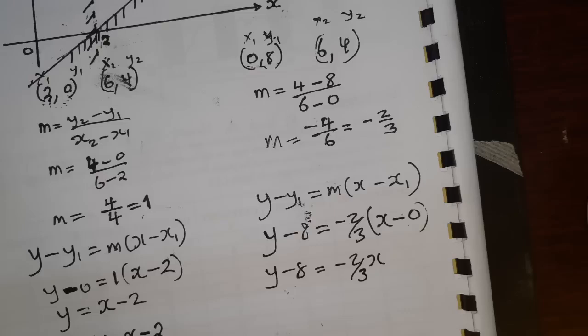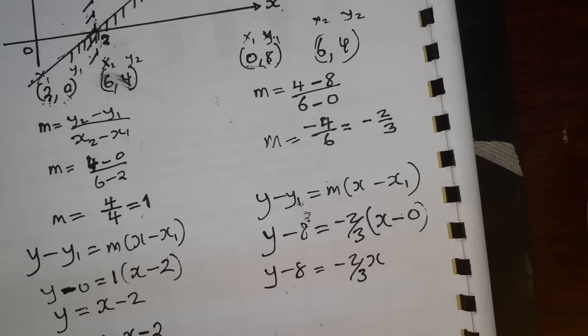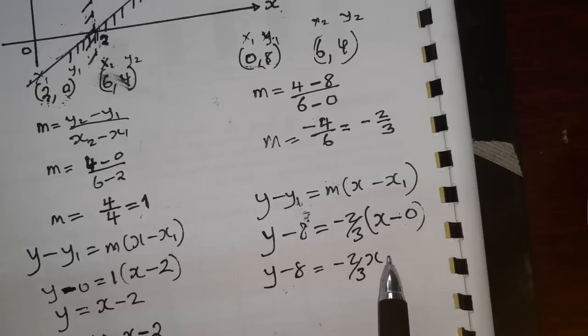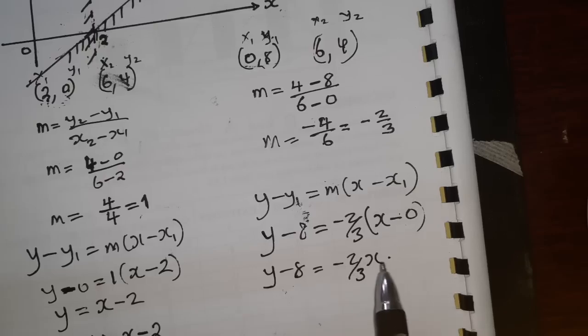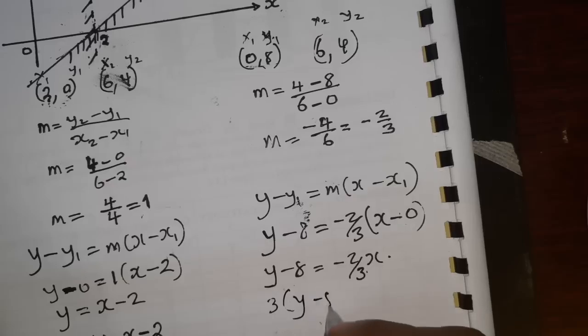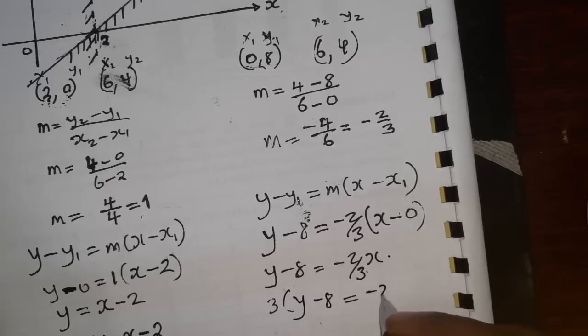You have to take note of that. So at this point, if you want, you can bring this one to the other side. Then you write the final equation. But also if you want, you can cross multiply here. You say 3y minus 8 is equal to negative 2x.